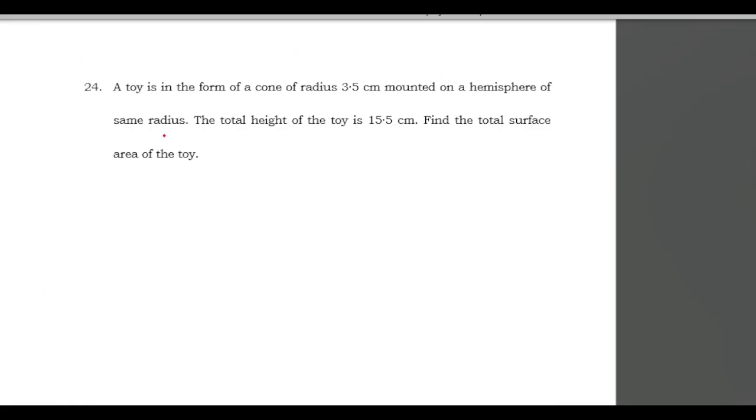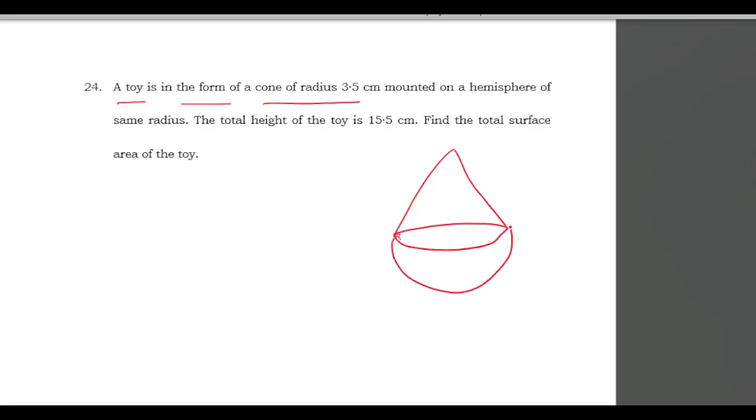The toy is in the form of a cone with a radius of 3.5 centimeter mounted on a hemisphere of the same radius. First we have to draw a model. This is a cone, mounted on a hemisphere.